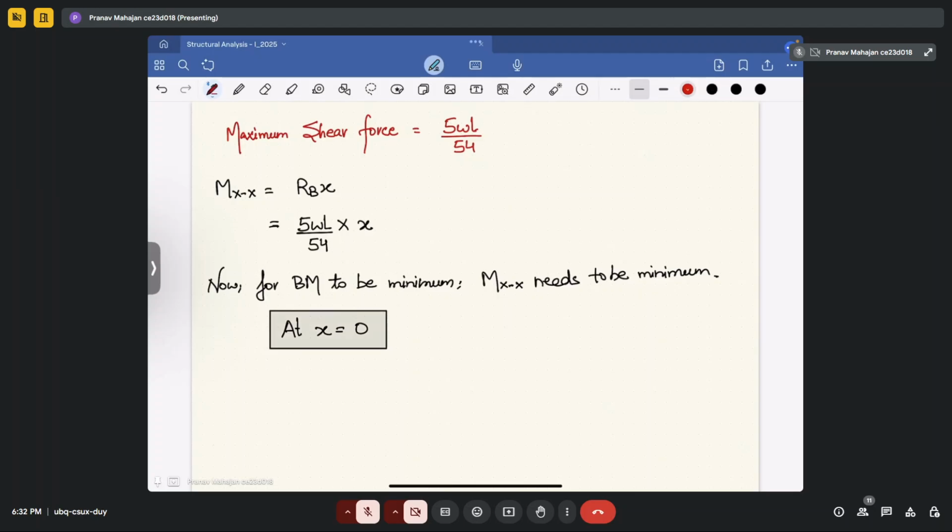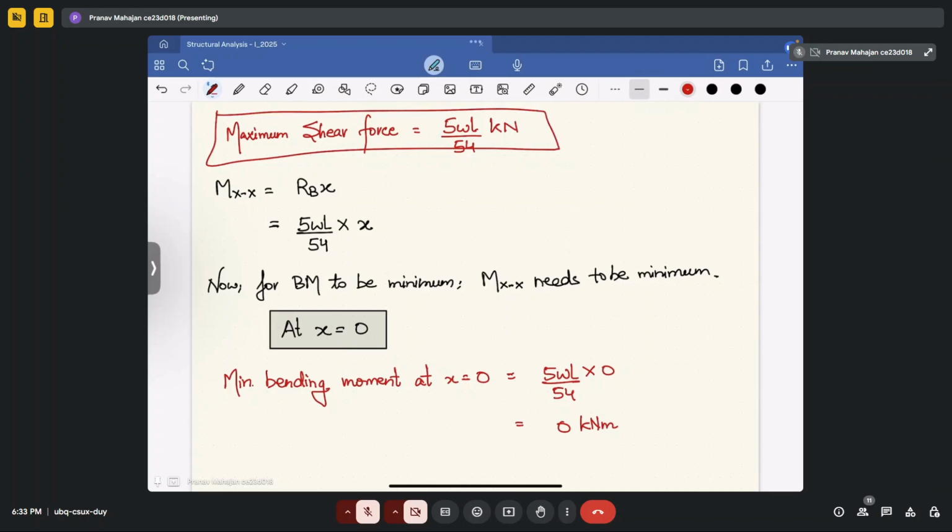Fine. So your minimum bending moment at X equal to 0 will be equal to 5WL upon 54 into 0, equal to 0 kilonewton meter. Okay, fine. Anyone has any doubt in this? Please ask.